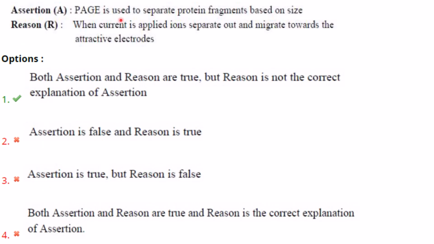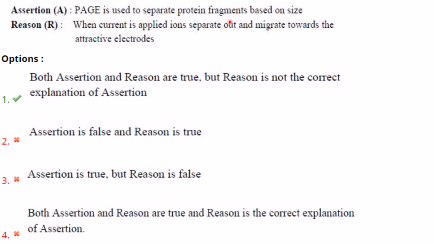Then the next one: PAGE is used to separate protein fragments based on size. Yes. Now, how does PAGE separate these protein fragments based on size? The gel matrix of PAGE is polyacrylamide gel, and this gel matrix acts as a sieve.